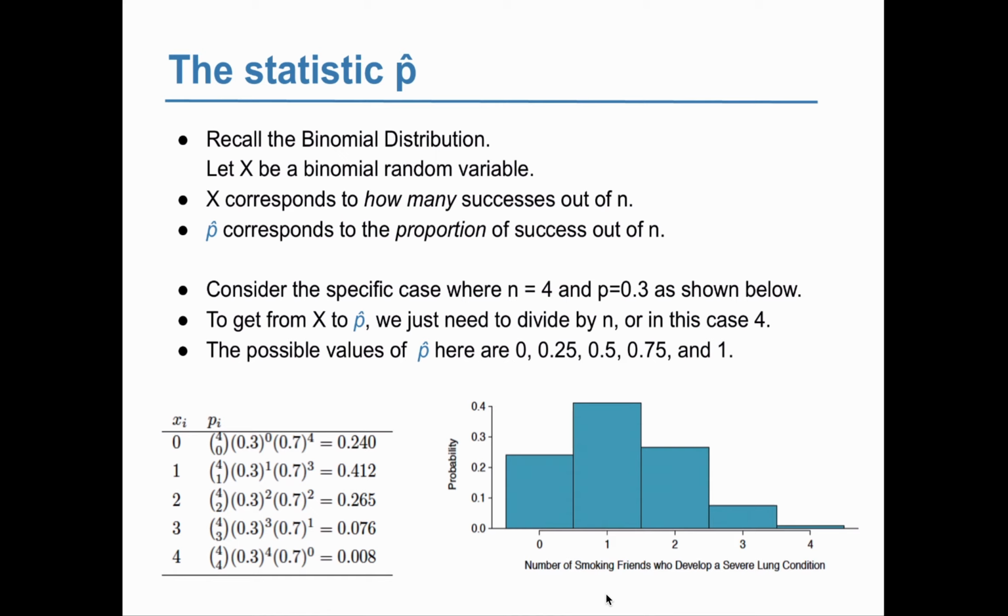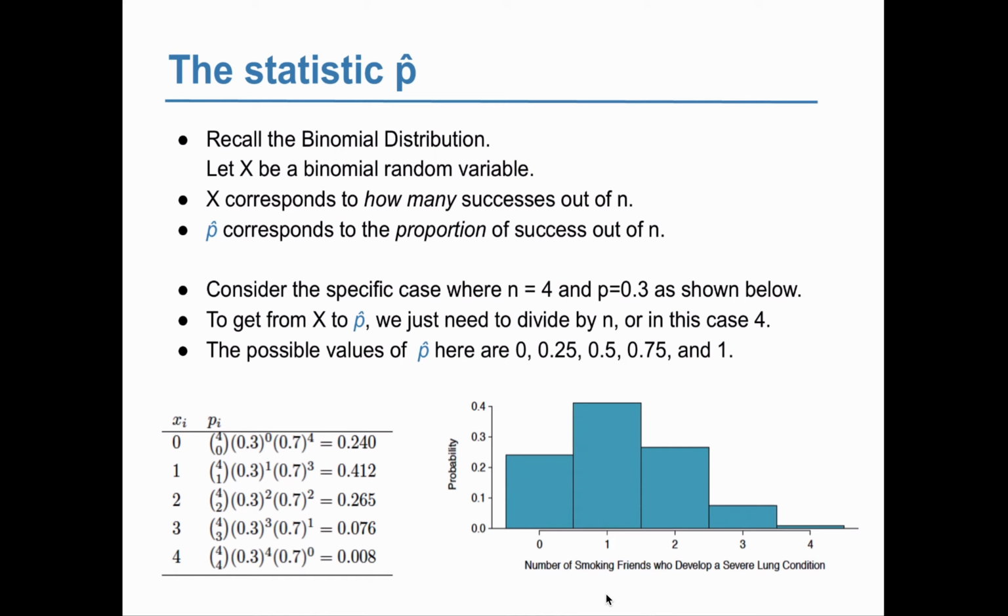So recall the binomial distribution. Let x be a binomial random variable. X corresponds to how many successes out of n. P hat corresponds to the proportion of successes out of n.